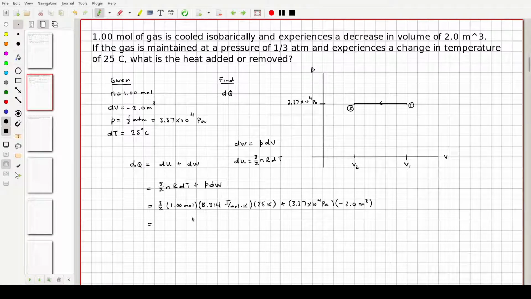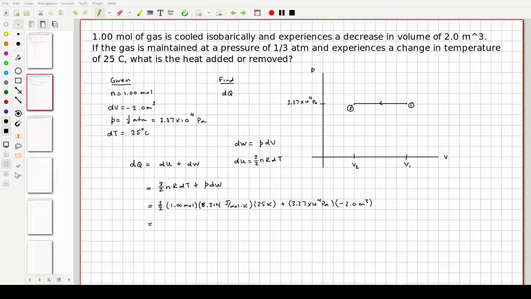So if you plug this into your calculator, I have 3/2 times 1 times 8.314 times 25.